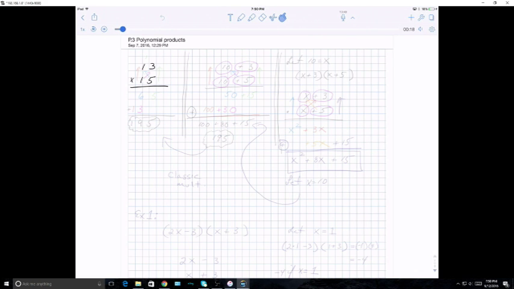So the idea here is we multiply 5 times 3 and get our 15, and then we multiply 5 and 1 and add the 1, so we get 6.